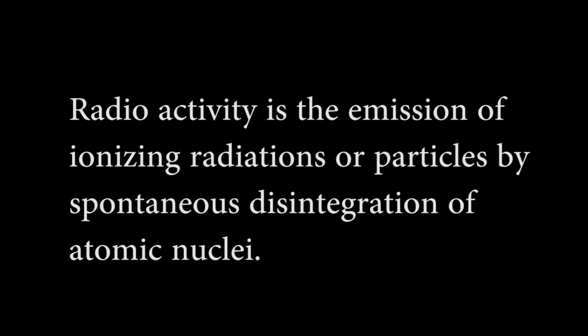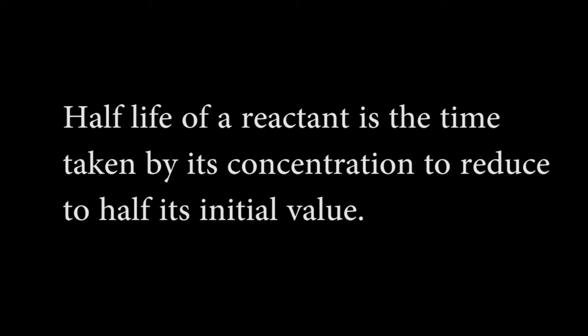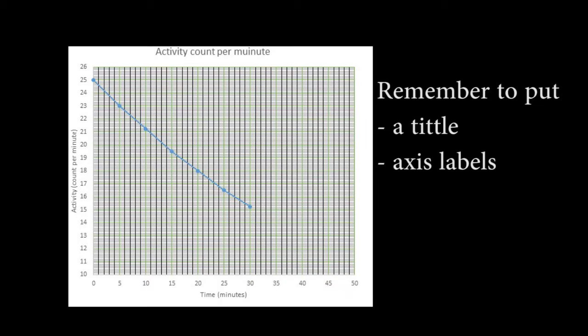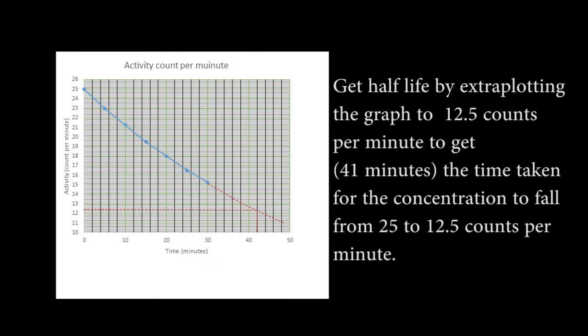Radioactivity is the emission of ionizing radiations or particles by spontaneous disintegration of atomic nuclei. Half-life of a reactant is the time taken for its concentration to reduce to a half of its initial value. Remember to put a title and axis labels. Get the half-life by extrapolating the graph to 12.5 counts per minute.